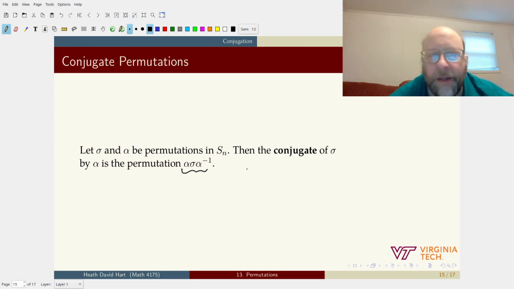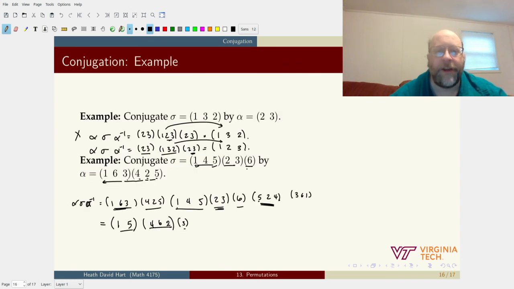What this is saying is that if sigma has a particular cycle type, say it is a 3 cycle, 1, 3, 2, it is a 3 cycle in the other alternate space also. It'll be 1, 2, 3 in that space.